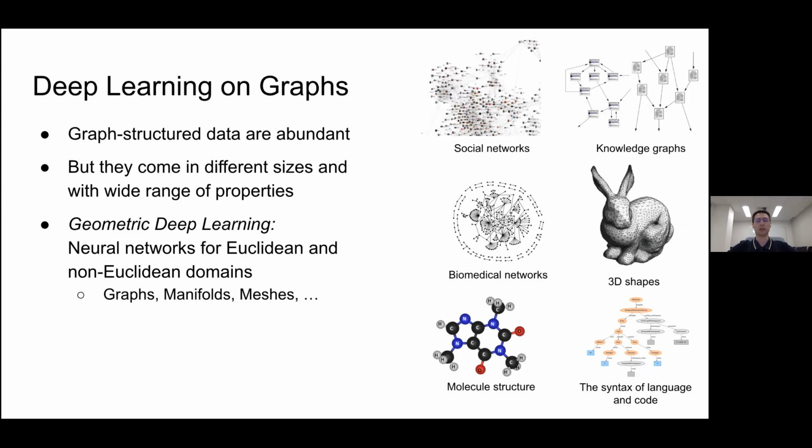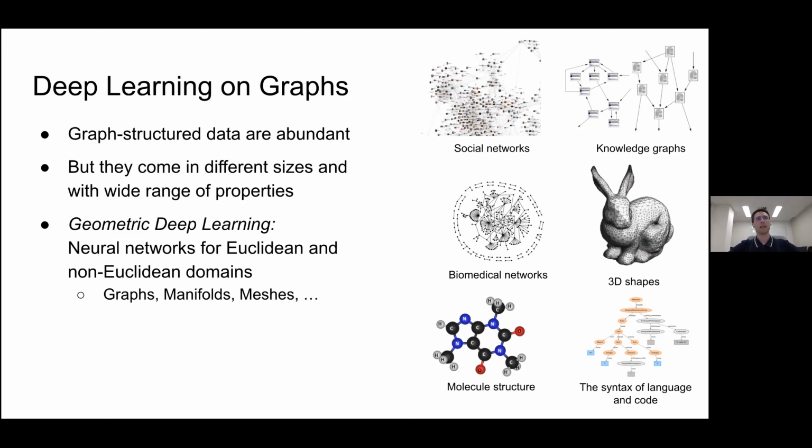And generally in this past year or two, the term geometric deep learning has been used as the umbrella term to cover this area of developing neural networks for Euclidean or non-Euclidean domains that involve graphs, manifolds, meshes, gauges, and so on.